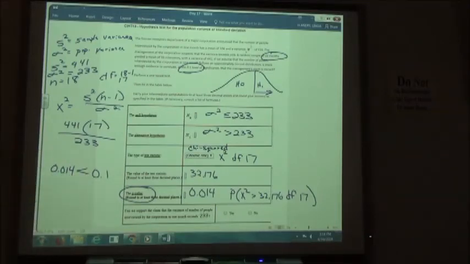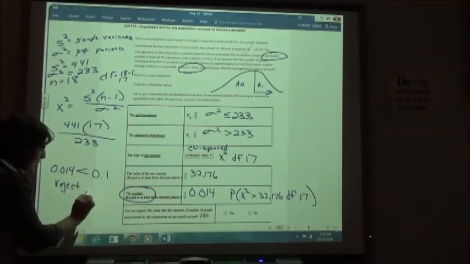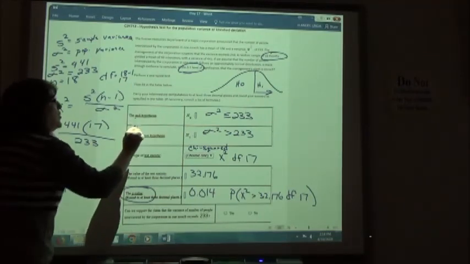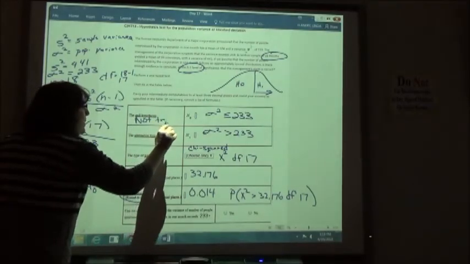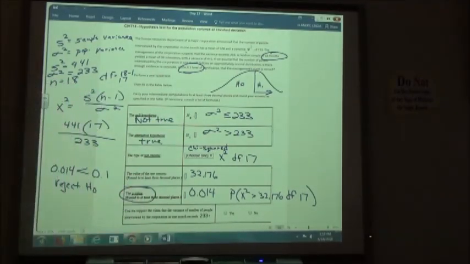So if that's a less than, what do we do? We reject the null, exactly. Reject the null. That means the null is not true, and the alternative is the true statement. The true statement is that my variance is greater than 233.